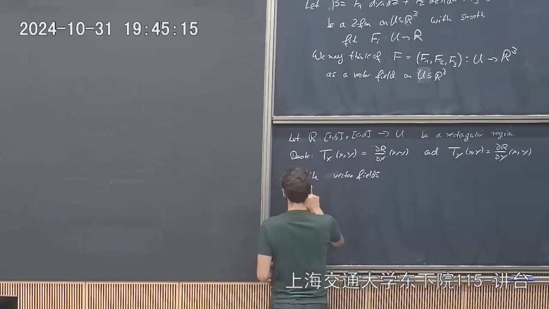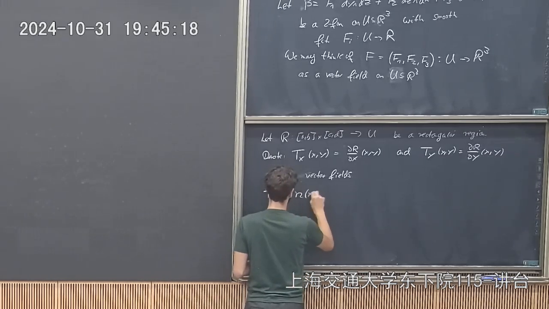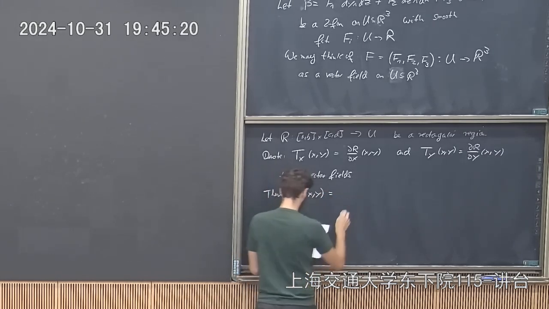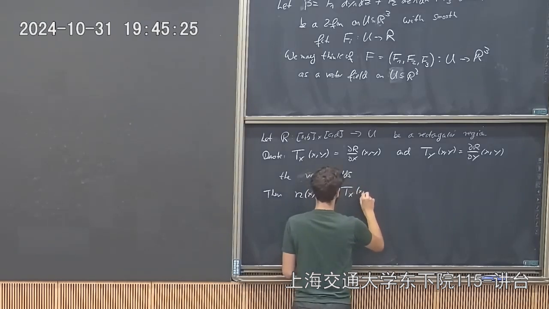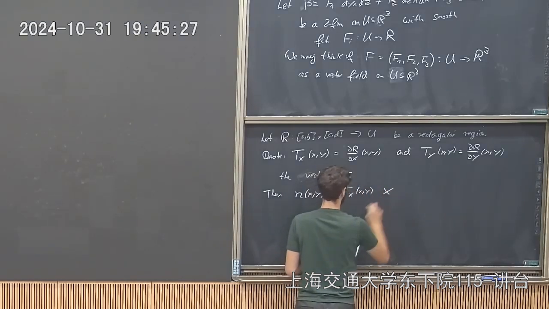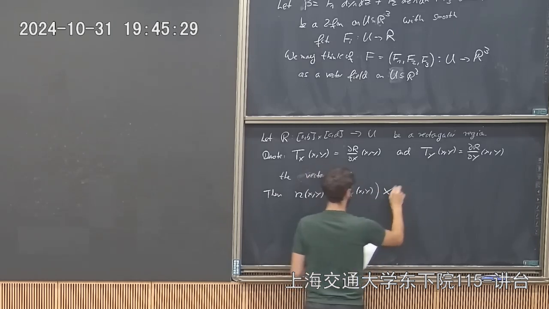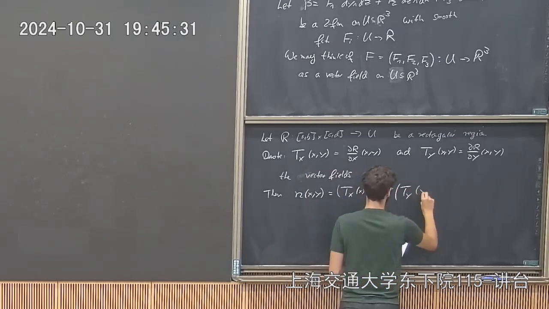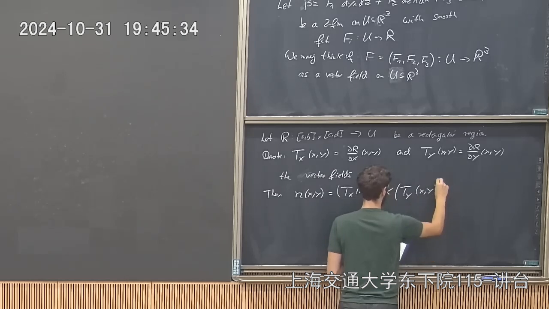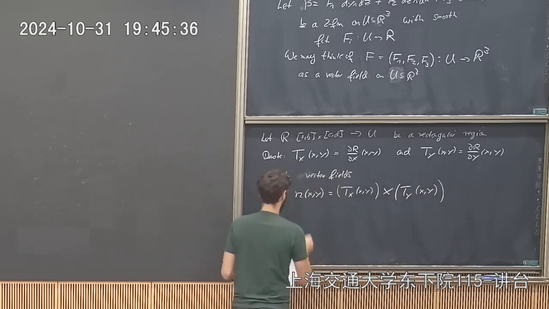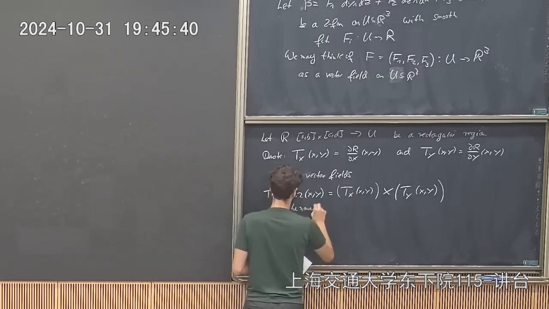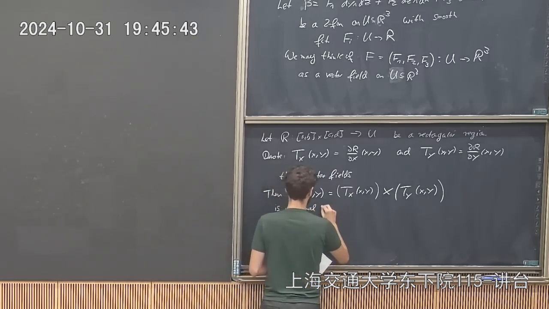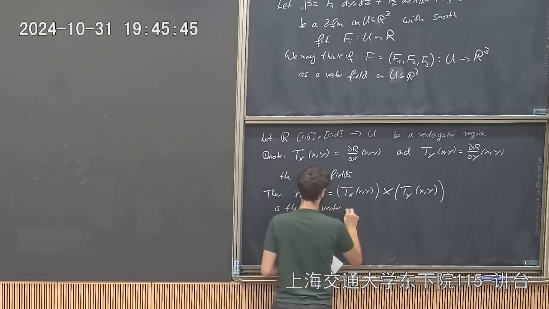So what we get is an n of x and y, which is Tx cross Ty. It's the normal vector at the point.